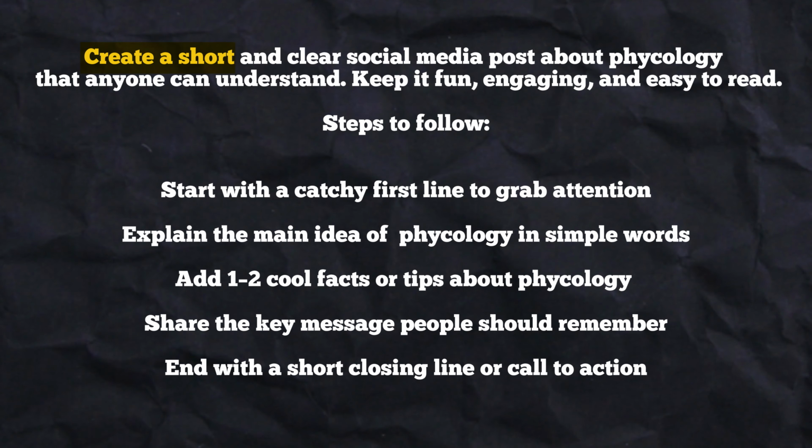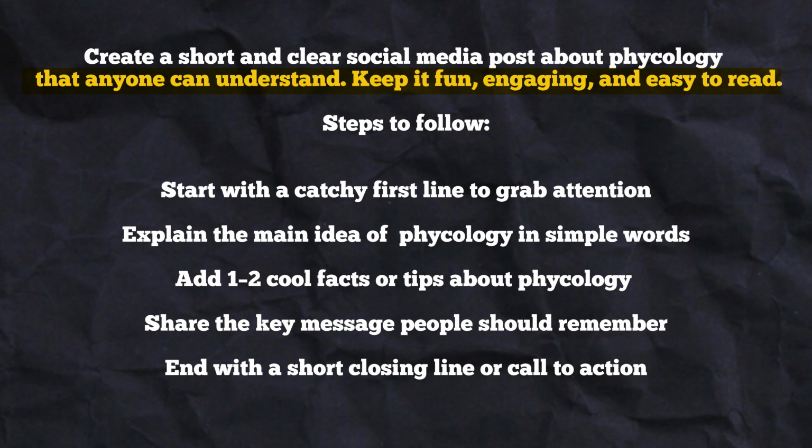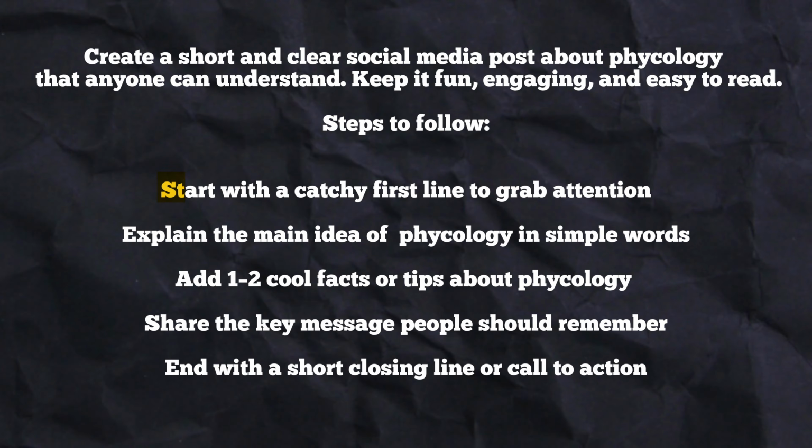This means you're telling the LLM, the large language model, what to do step by step, so it can execute the task with precision because you're giving it the instruction with a step-by-step guide. An example would be: create a short, clear social media post about psychology that anyone can understand. Keep it fun, engaging, and easy to read. Steps to follow. First, start with a catchy first line to grab attention. 2.